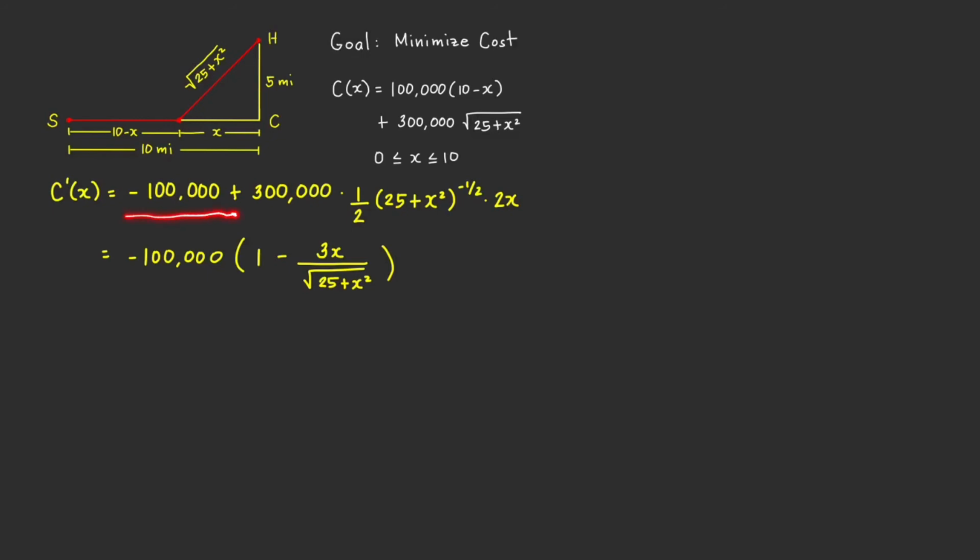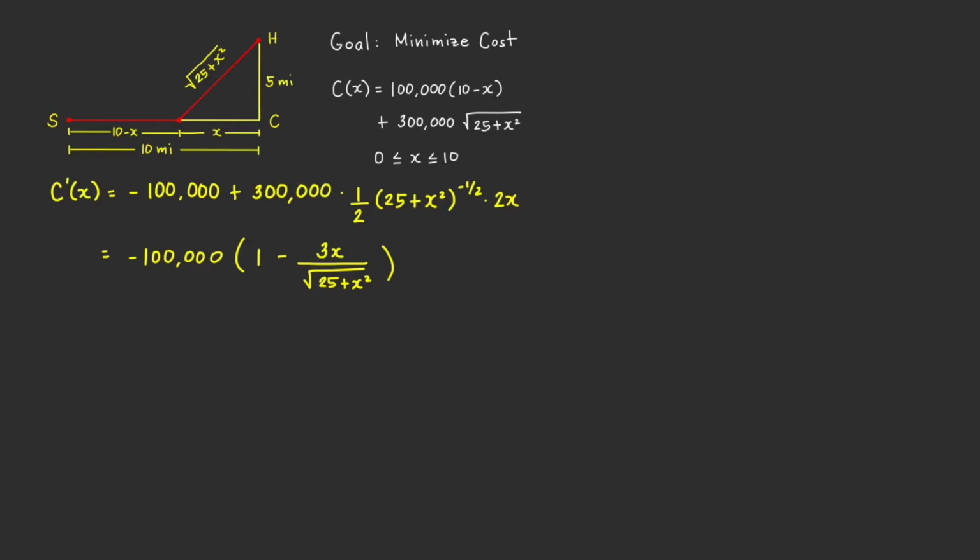Again, the goal here is to easily find the critical numbers later. So we factor out the negative 100,000, and we get positive 1 minus 3x over the square root of 25 plus x squared, written in radical form.